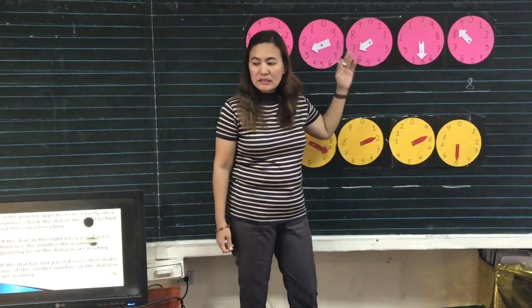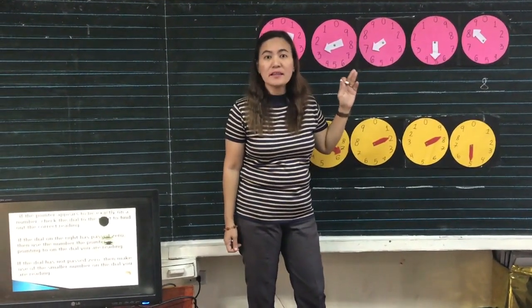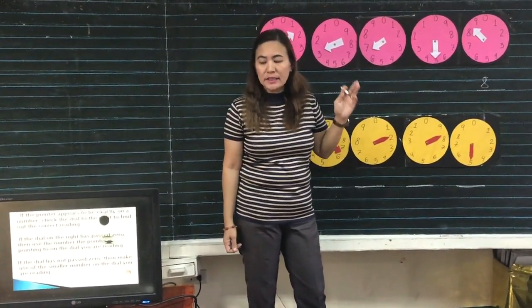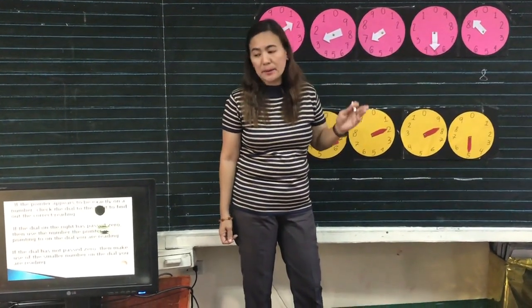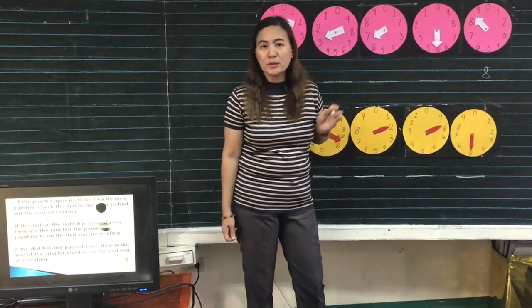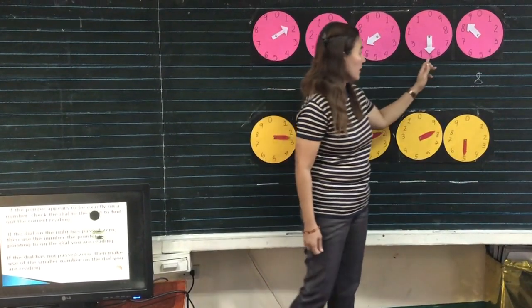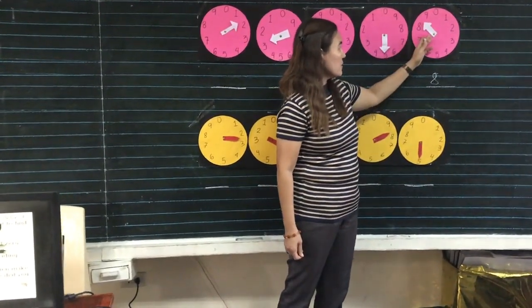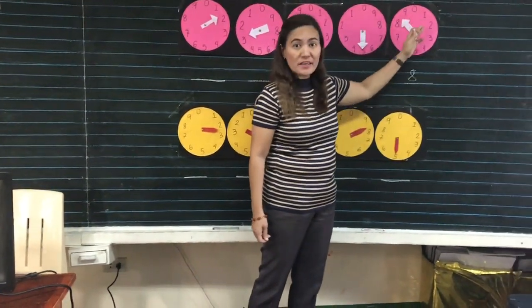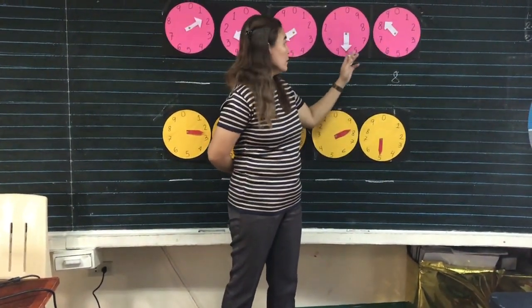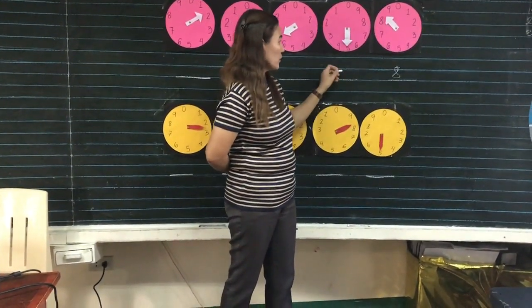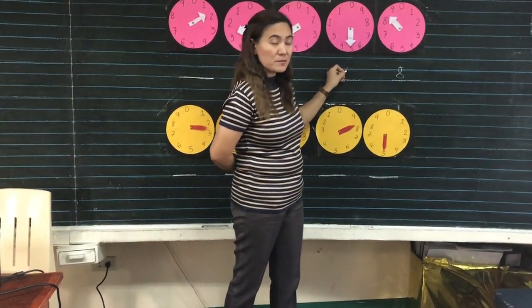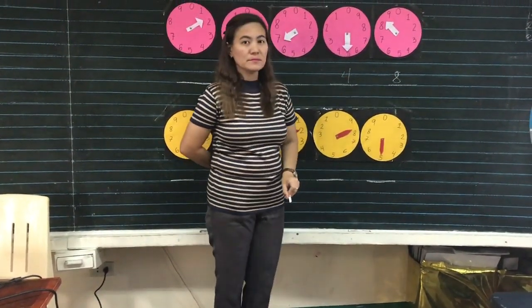But if the dial has not passed 0 yet, then make use of the smaller number on the dial you are reading. So this time, the dial to the right of this has not yet passed 0. So your record must be 4.